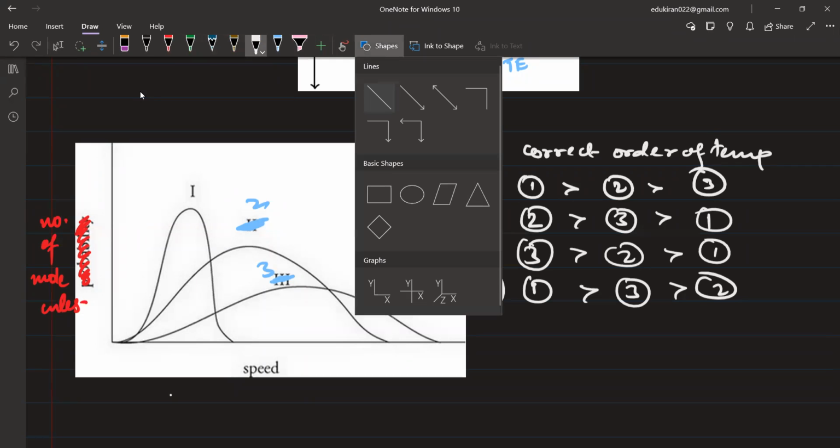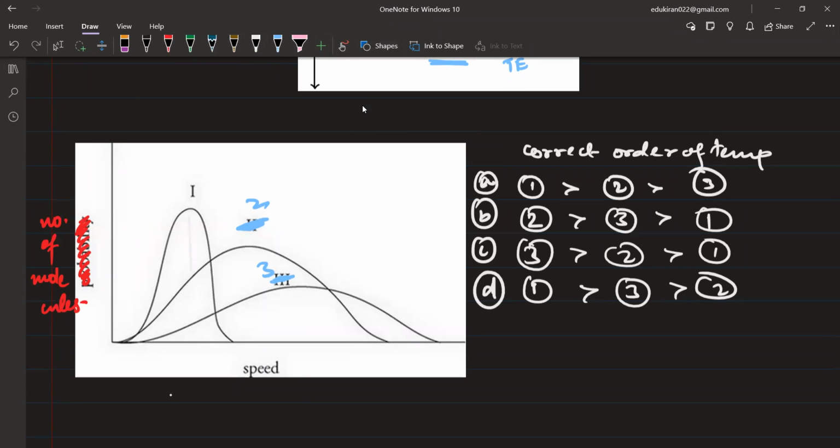So what you need to do is just drop the plots like this. Most of the molecules in the first plot have this speed. For the second one, it is having this speed. And most of the molecules in the third case have somewhere this speed.